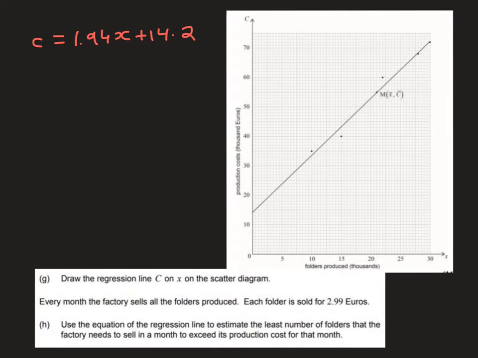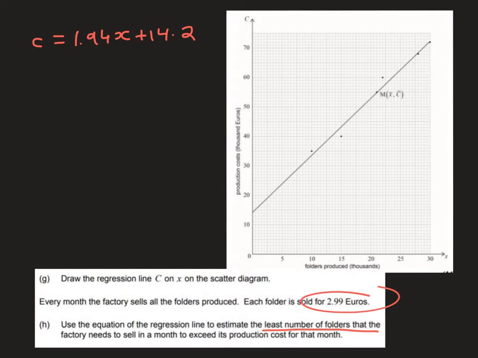And the final question then is use the equation of the regression line to estimate the least number of folders that the factory needs to sell in a month to exceed its production cost for that month. So we know that each folder is sold for 2.99 euros.